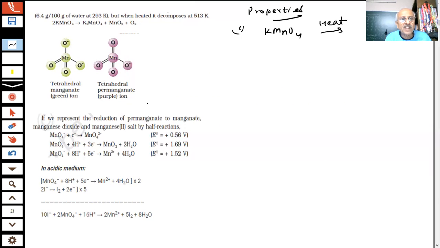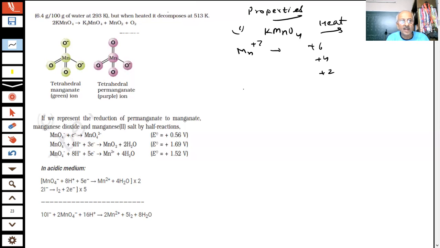So if we represent the reduction of permanganate to manganate ion, students, the electrode potential values are shown. Again, what it shows, students, is MnO4 with Mn in the plus 7 oxidation state. It can go to plus 6, plus 4, and plus 2.